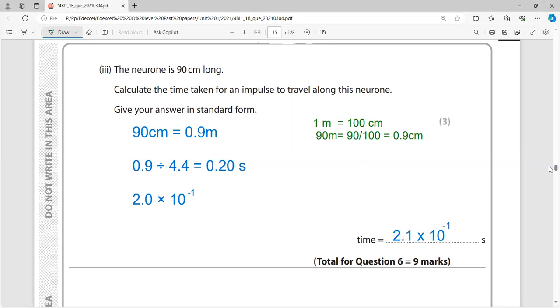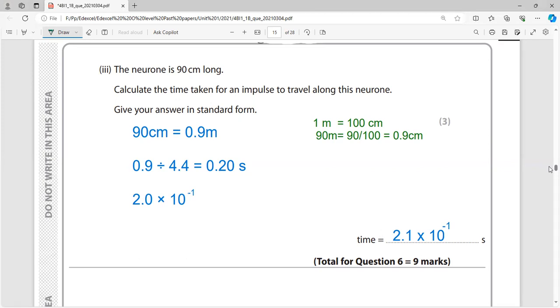So 90 centimeters divided by 100 is 0.9 meters. That's the total distance, and it is divided by 4.4, which is our velocity, to give the time. So the distance divided by the speed is equal to the time.